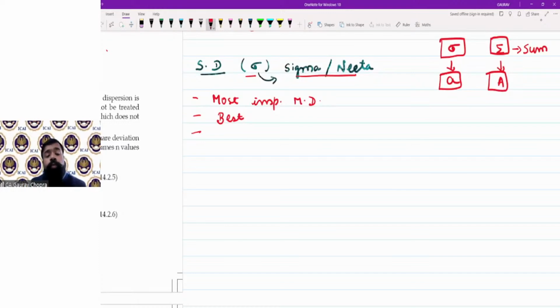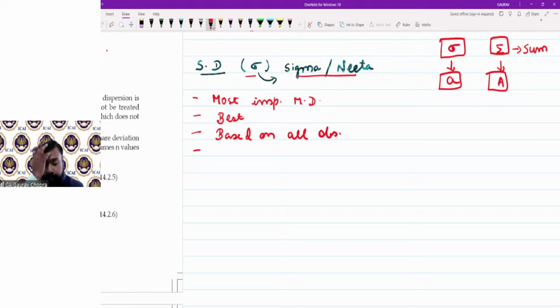One more thing, all observations are used for calculation of standard deviation. So it is based on all the observations.